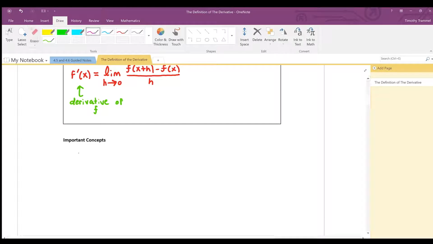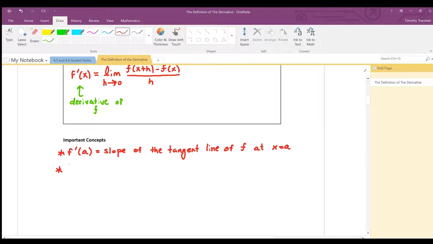There are two important concepts that I want us to know about the derivative. The first one we've actually kind of already written, and that is that f prime of a is equal to the slope of the tangent line of f at x equals a.